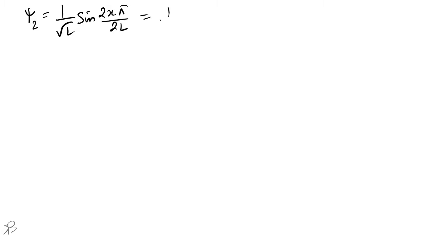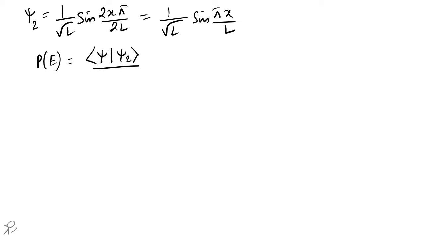The 2 gets cancelled, so it will be sine pi x by L. Okay. Now we all know that probability is calculated as the square of psi.